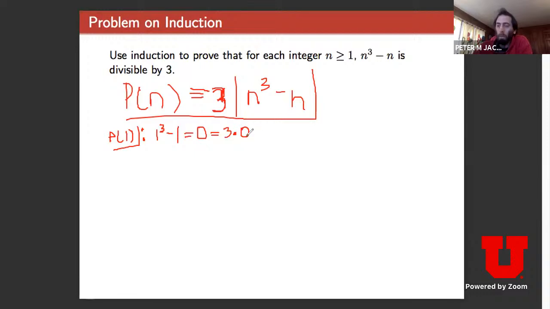Therefore we conclude that 1 cubed minus 1 is divisible by 3, or in other words, 3 divides 1 cubed minus 1. And so we say that P of 1 is true. Are there any questions about P of 1?